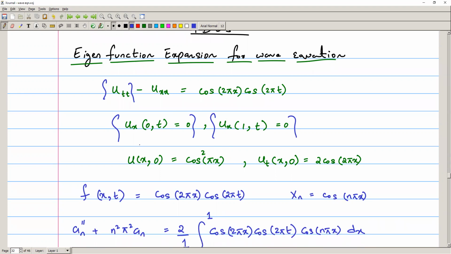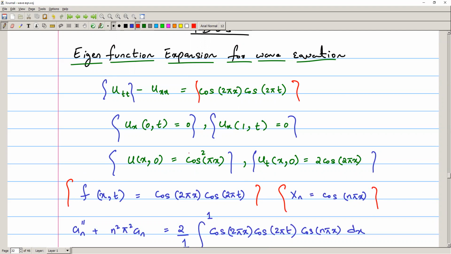Now the initial conditions are given: u(x, 0) is equal to cosine squared pi x, and the initial velocity u_t(x, 0) is equal to 2 cosine 2 pi x. The method begins with the assumption that the function f(x, t) is given here as cosine 2 pi x times cosine 2 pi t, and the eigenfunction for this particular case will be cosine n pi x.